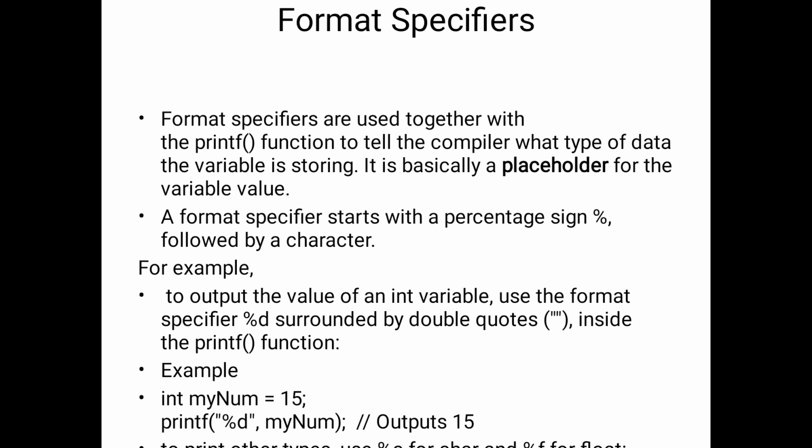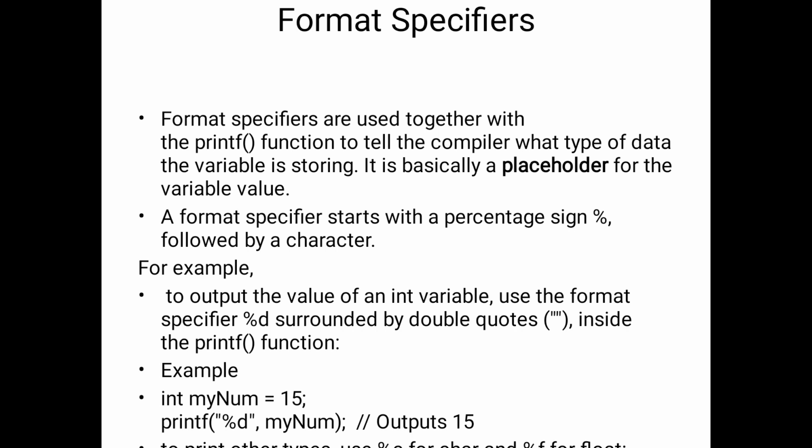This is a formatted function, called printf, and it starts with a percentage sign followed by a character. In this example, int my number equal to 15, printf percentage d, my number. Since 15 is an integer, the output will be 15. So this is how to specify the formats.